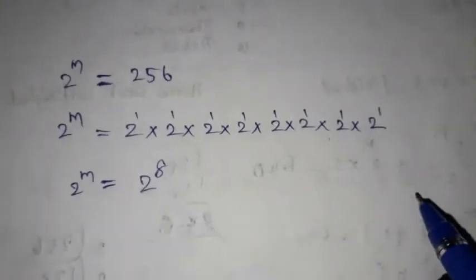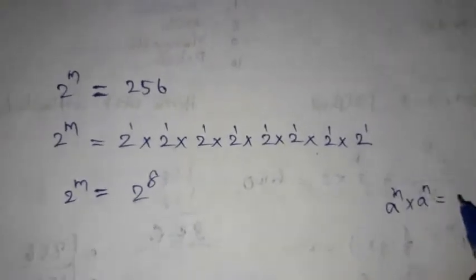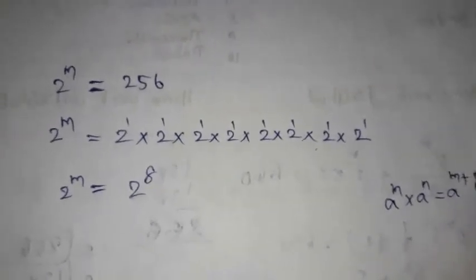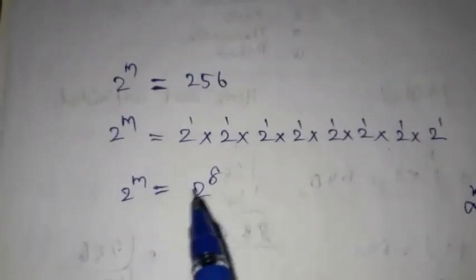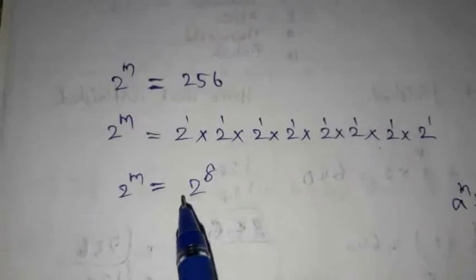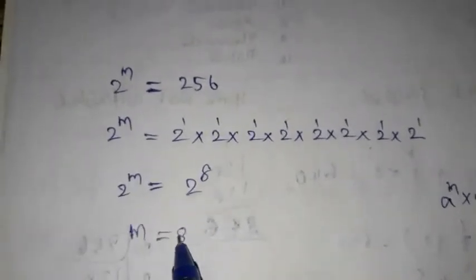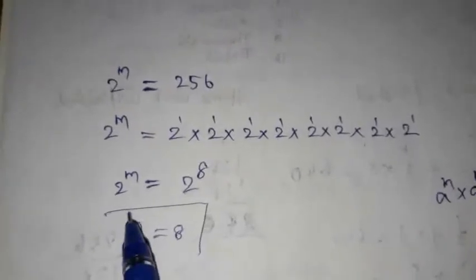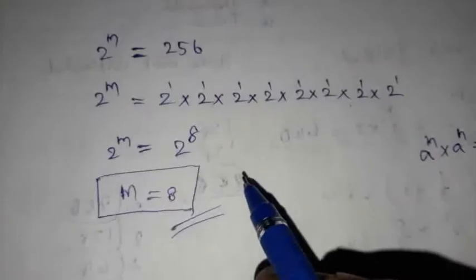It is the first law, a power m into a power n equal to a power m plus n. So we got 2 power m equal to 2 power 8. The bases are equal, so we equate the powers. So m equal to 8. The value of m is 8. This is the answer for this question.